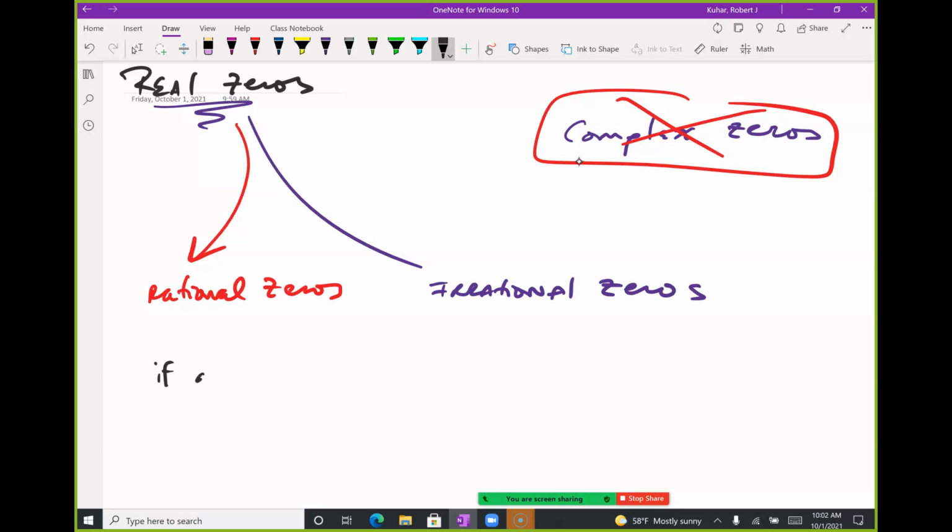If P of x has rational zeros, meaning fractions, right?